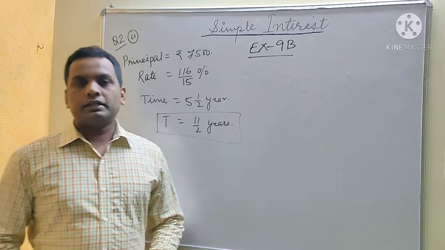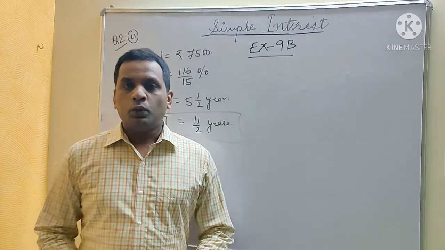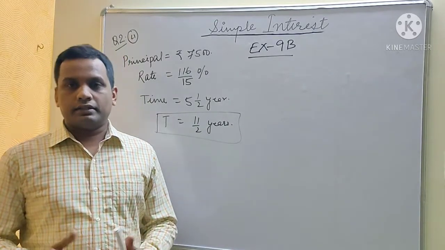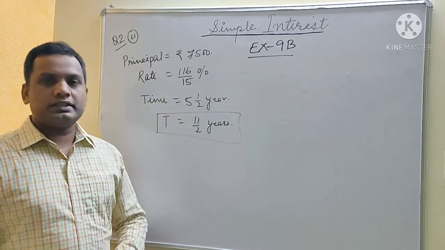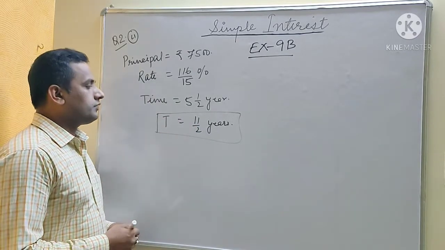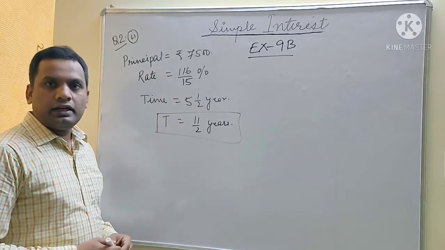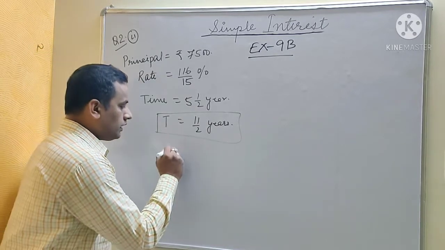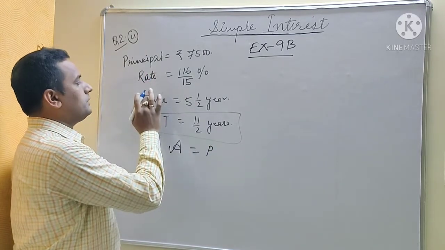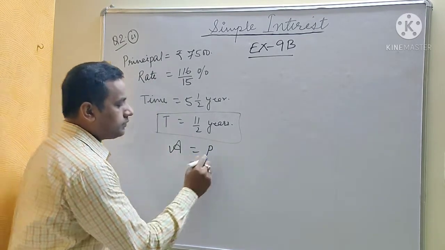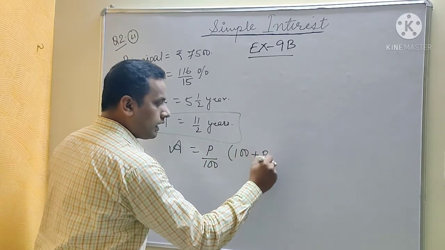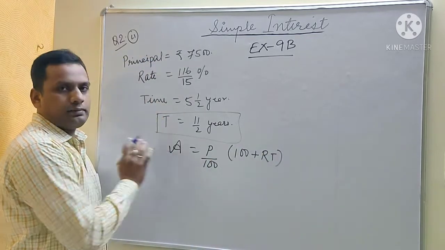Since the second part is asking us to find out the amount when the principal is rupees 7,500 with the same rate, we have calculated rate equal to 116 by 15%. Therefore from there we have to find out the amount, where the time is given as 11 by 2. So we know amount is directly related with PRT. So we can use this formula, amount equal to P by 100 into 100 plus RT, and we can get the amount.